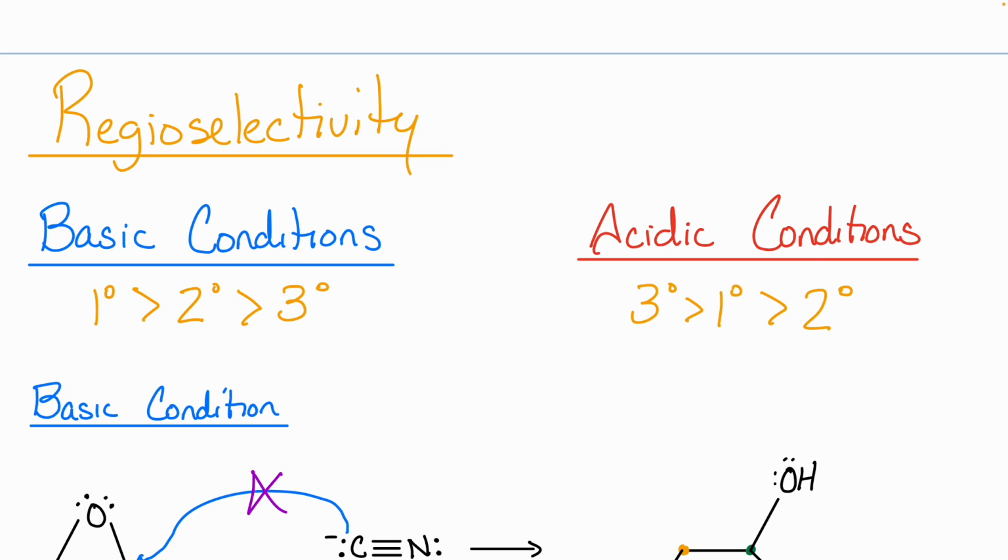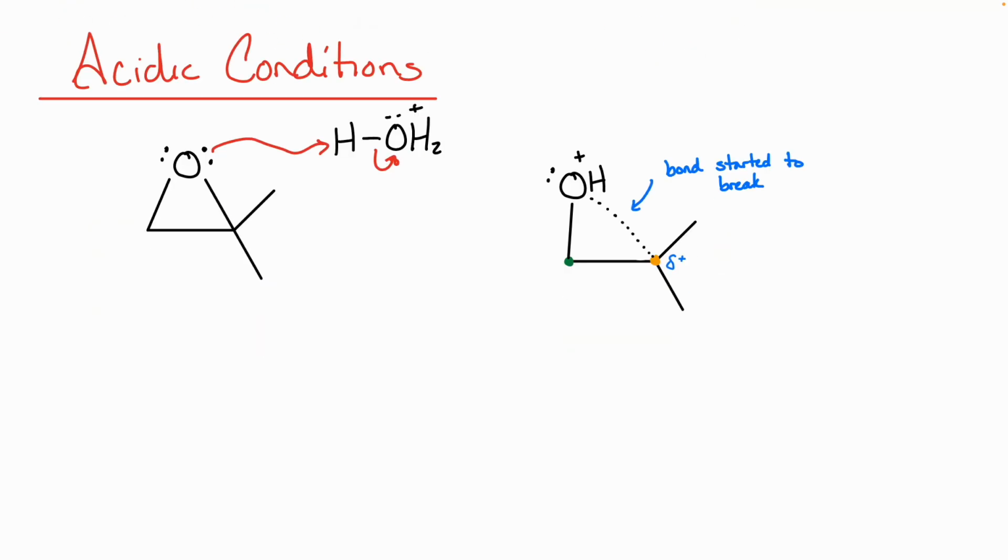Under basic conditions, it's a very straightforward accessibility argument. Under acidic conditions, for specifically those tertiary carbons, you get this weird metastable state here where that bond has already started to break.